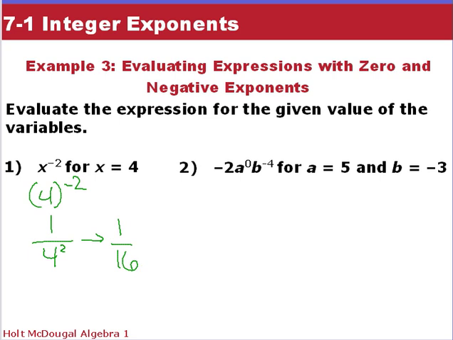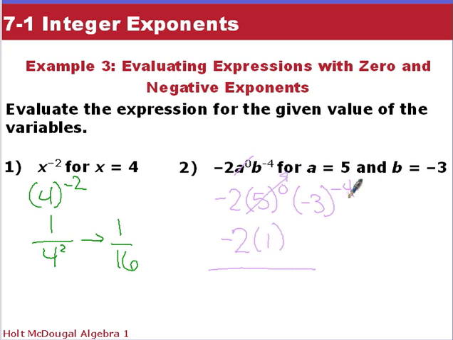For our second one, right away we know, let's write it out, negative 2 times 5 to the 0 times b, which is negative 3 to the negative 4. So simplifying, we draw our fraction bar out, we get negative 2, and 5 to the 0 becomes 1.